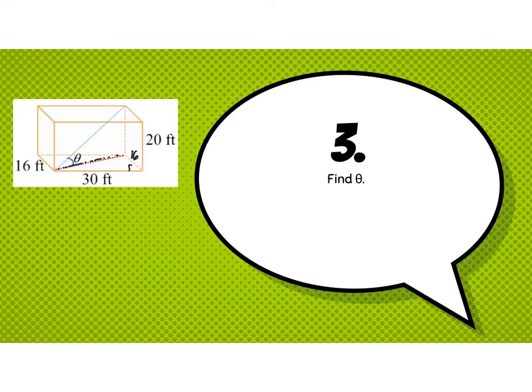And I know that this at the bottom is a right triangle, which is going to help us by using the Pythagorean theorem to find the missing side length. So 16 squared plus 30 squared is going to give us, we'll call that x for now, x squared. 16 squared is 256. 30 squared is 900.